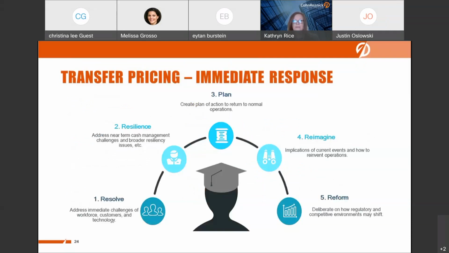So we go through a process, right, in order to evaluate these kinds of things. One is addressing immediate challenges that the business will enter into: workforce in place, customers and technology, any issues that have arisen. In addition, addressing near-term cash management challenges and any broader resiliency issues.